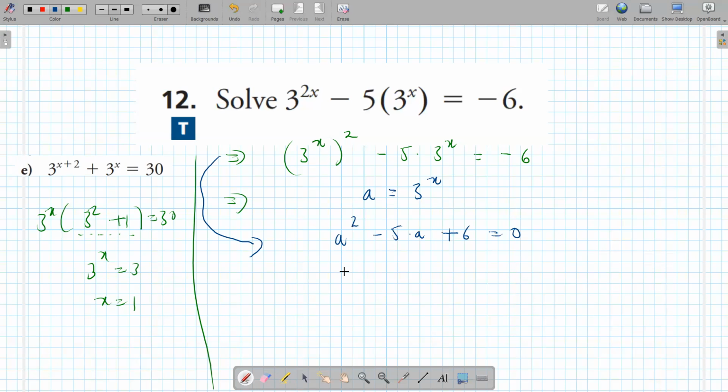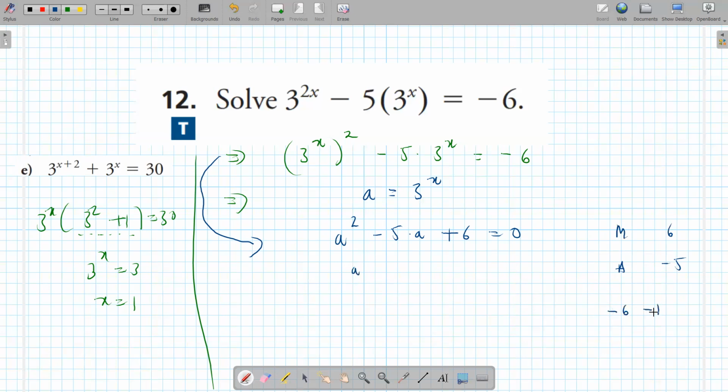How do we factor this? You use man. So what are the numbers? It multiplies to positive 6, adds to negative 5. What are the two numbers? Negative 6 and negative 1.